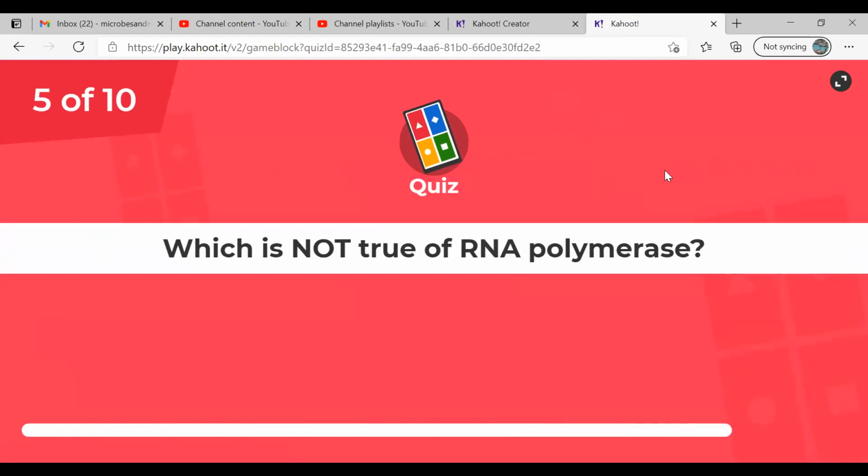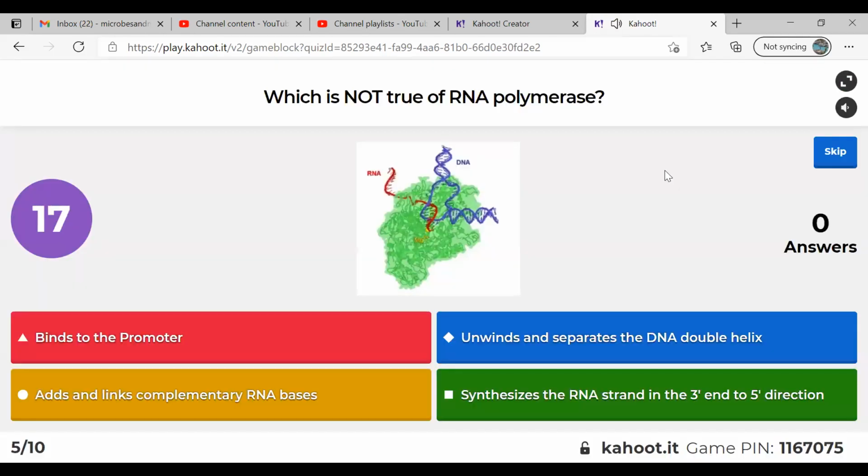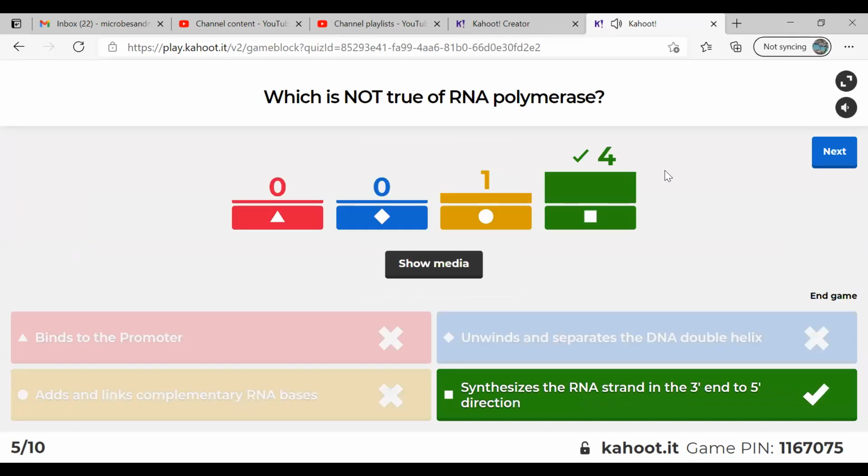Which is not true of RNA polymerase? Okay, so a little bit more of a thinker, but looks like most people got that one correct. So remember, it's always 5' to 3'. So this is backwards. 3' to 5' is backwards. That's why that one's not true.